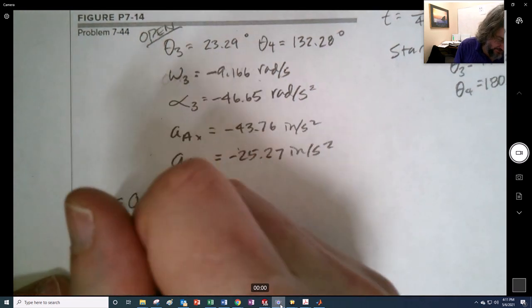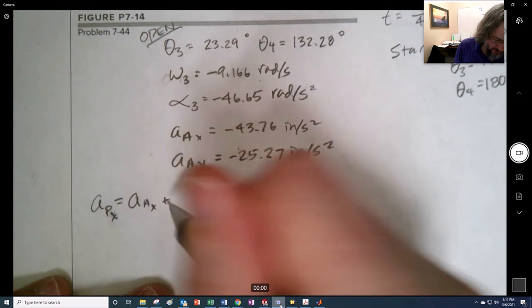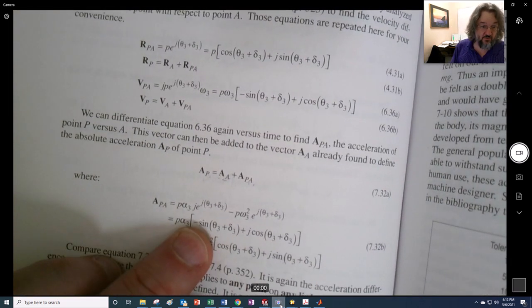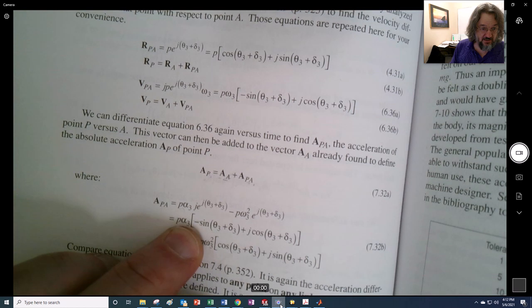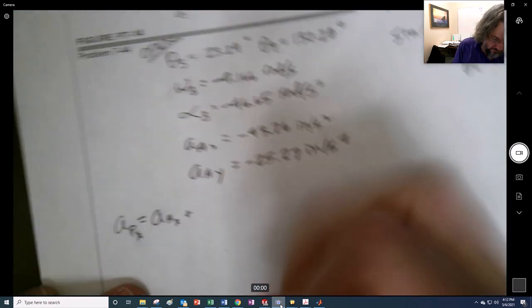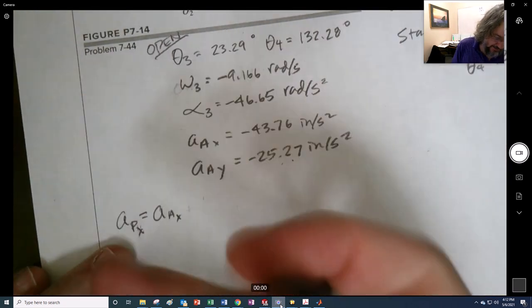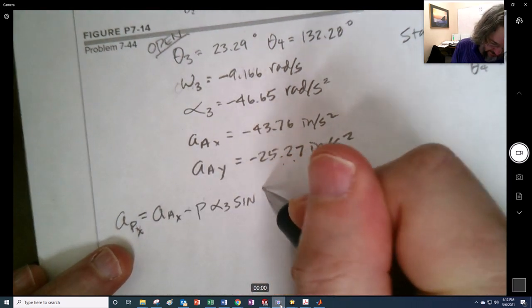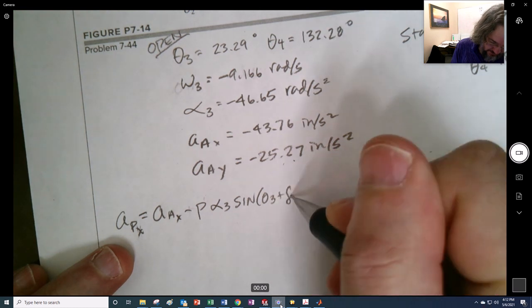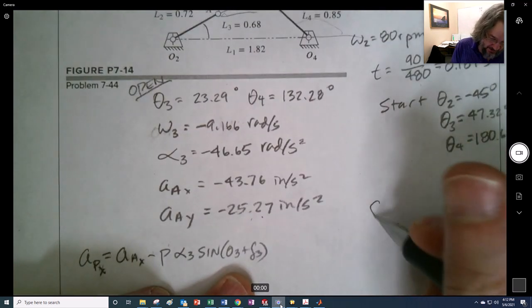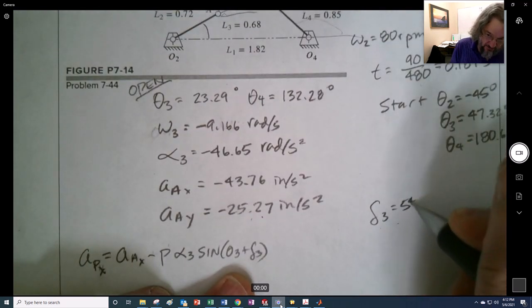So it's going to be A_x plus, and looking through here, actually it's minus P alpha 3 times the sine of theta 3 plus delta 3. And I don't know why that delta 3 is the 54, right? So delta is 54 degrees.